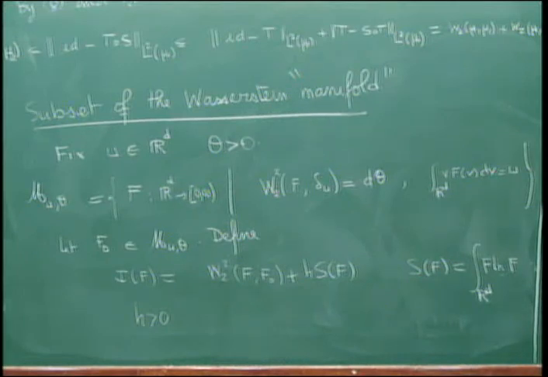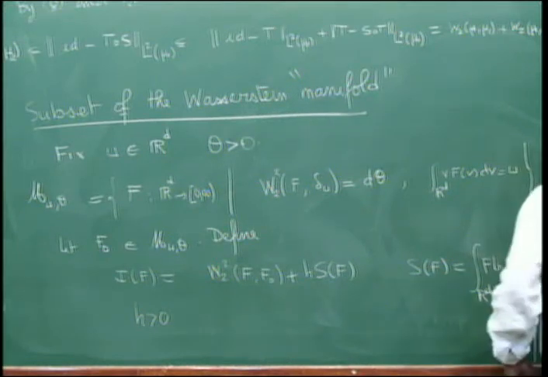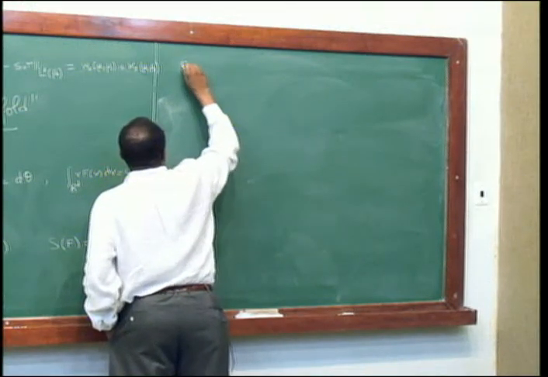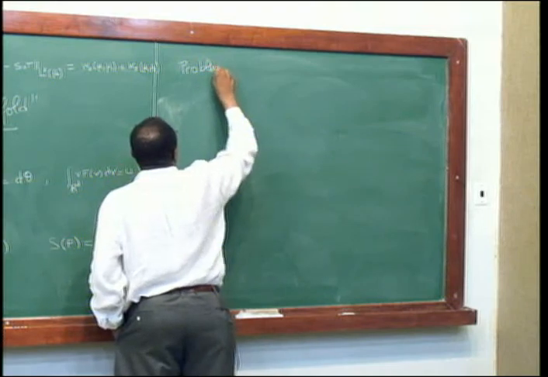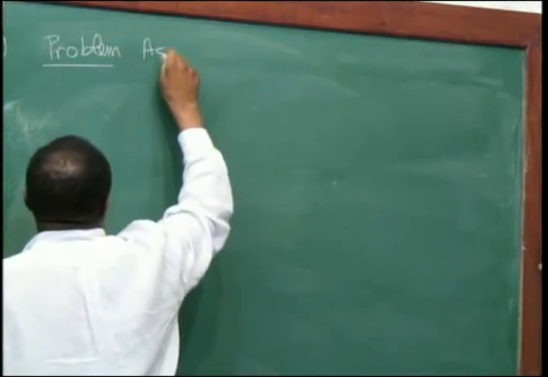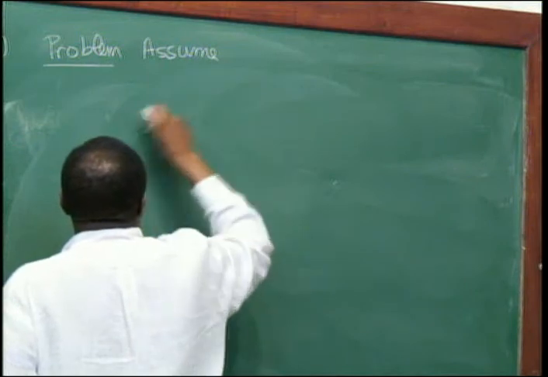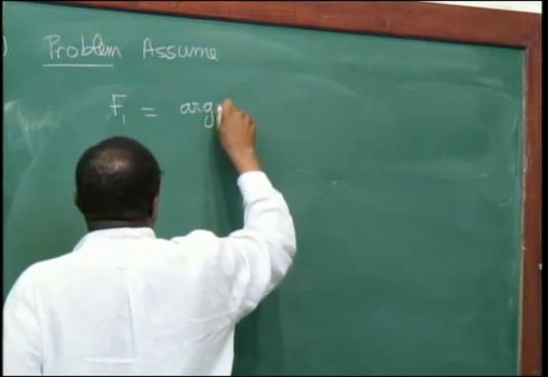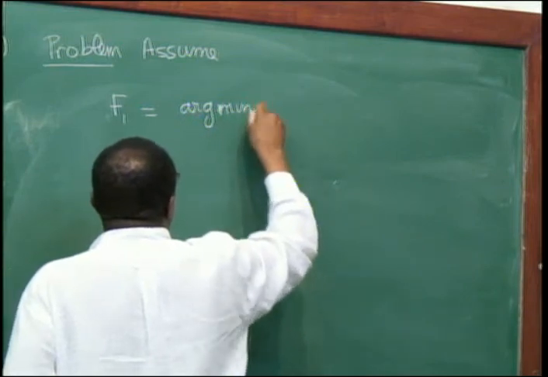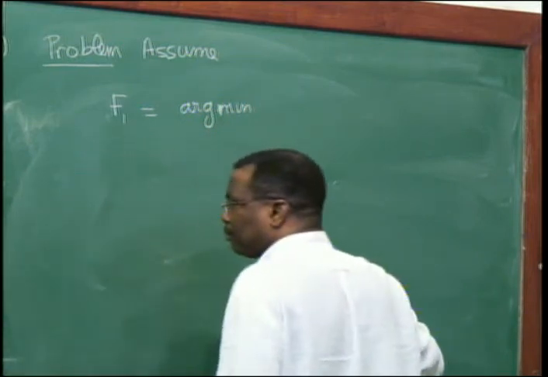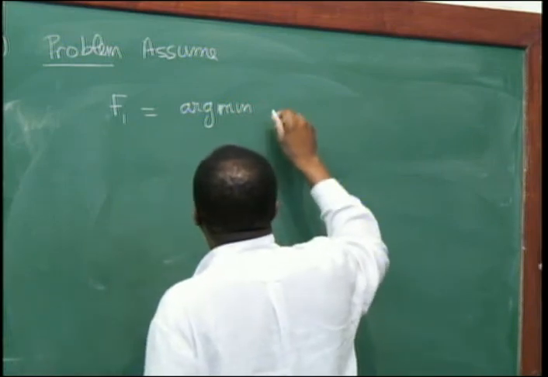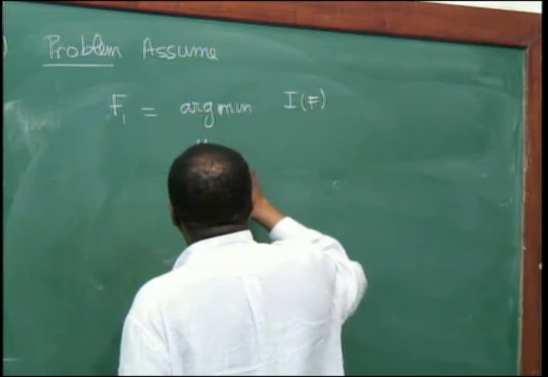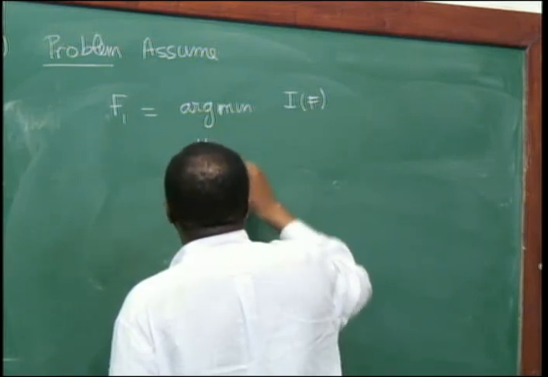So here is the question I want to address. Problem. Assume F1 is the argmin of I of F over M U theta.